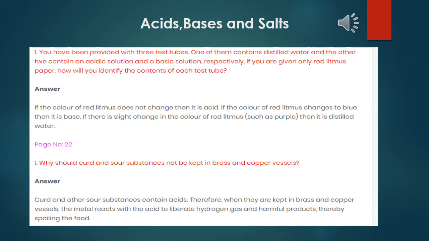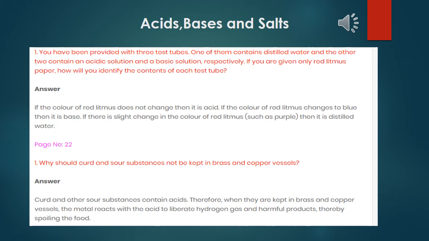The first question is: if you have been provided with three test tubes, one of them contains distilled water and the others contain an acidic solution and a basic solution respectively, and you are given only red litmus paper, how will you identify the contents of each test tube? So this question is very easy, student.